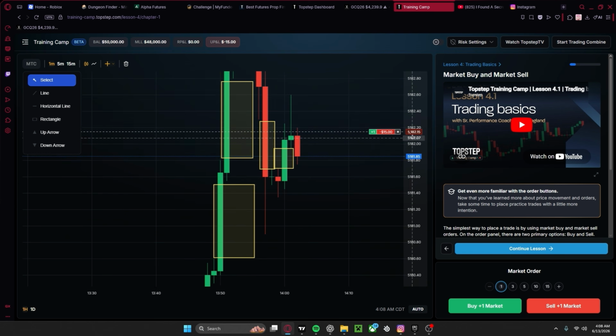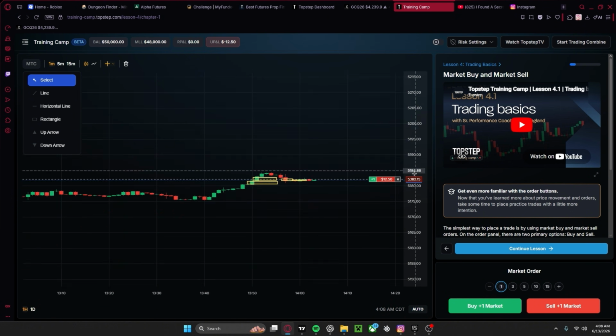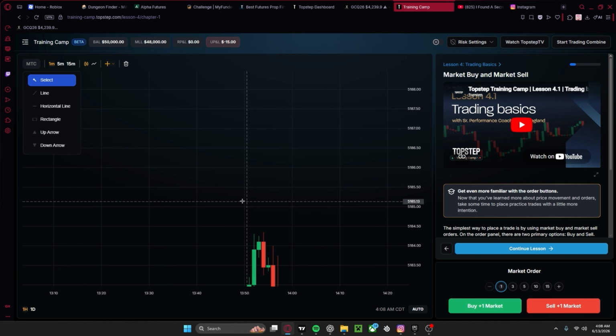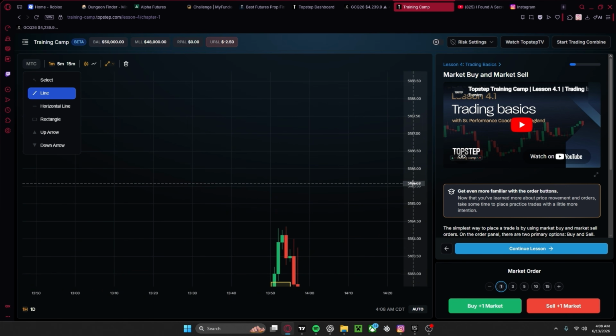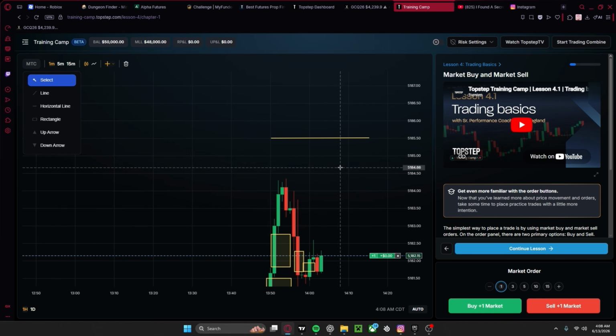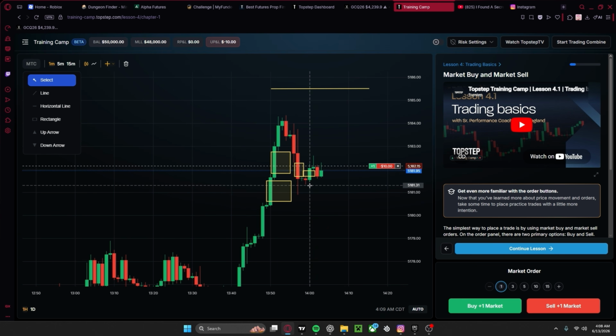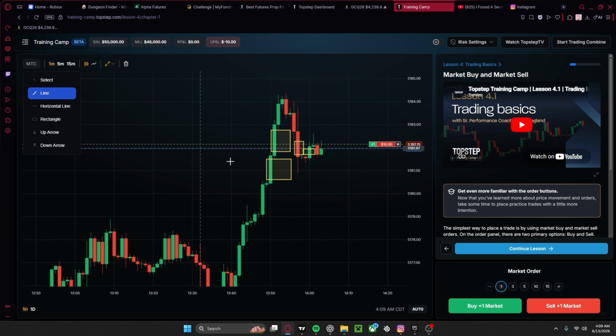Just gotta wait for the candle to close. Wait for some closing. My take profit on a regular trade, I would use the liquidity for my take profit, but for right now, for a demonstration, I'll put it around this point right here. And then my stop loss, I would not enter this trade so early, but I would put my stop loss around right here.